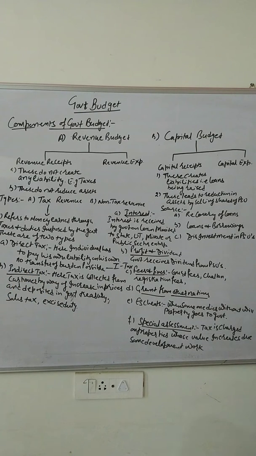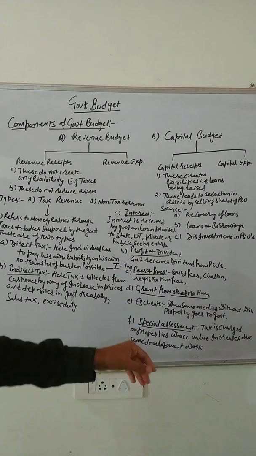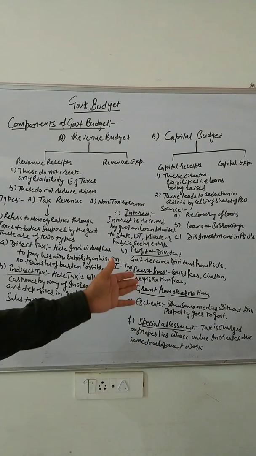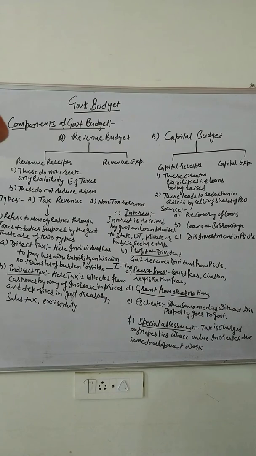Then we are paying challan, which is being charged on us as a fine for breaking law and order. So that is the fees and fines. Then there is grant from other nations, like World Bank has given some grant, or America has recently given us a grant to fight corona. So that is another source of revenue receipt.